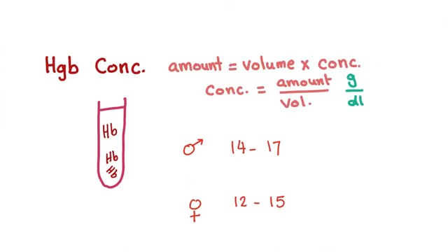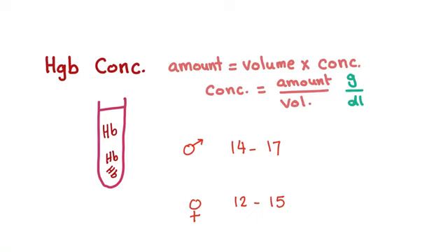Next, we have the hemoglobin concentration. Any concentration in physics, there is a rule. The amount equals volume times concentration. So concentration equals amount divided by the volume. Okay, it will be grams per deciliter. We measure the amount in grams and the volume in liter or deciliter.